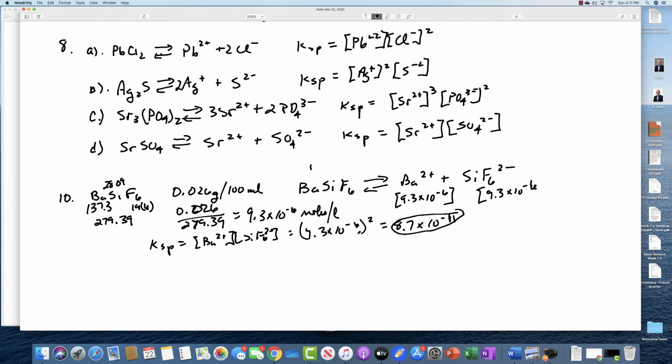The next one is, I don't know why they have such simple compounds. Makes it easy. Ce(IO3)4.